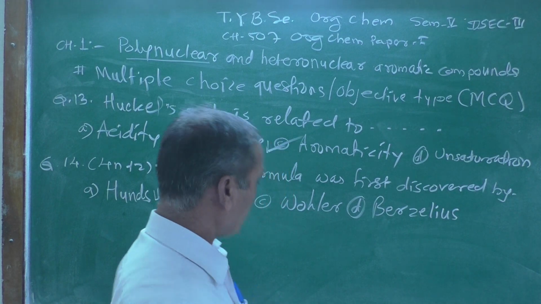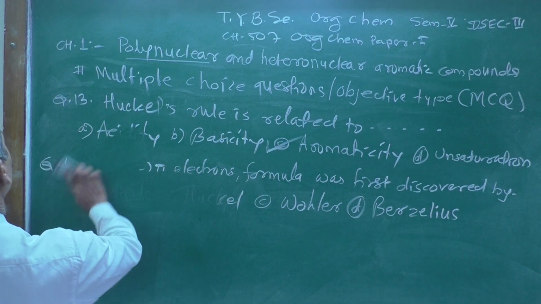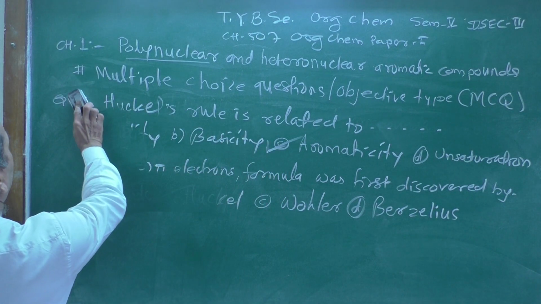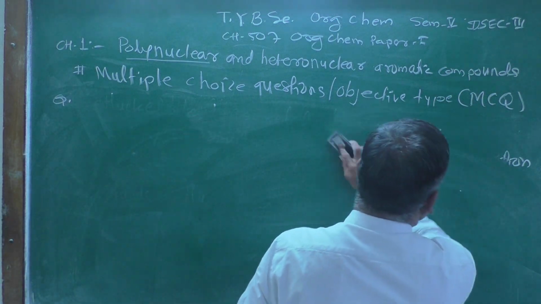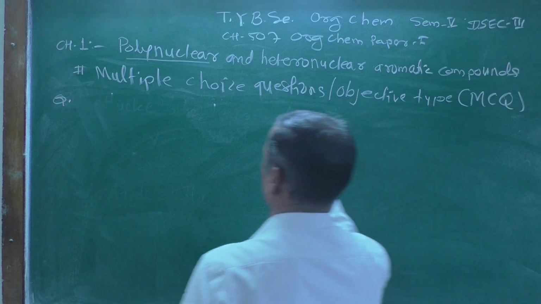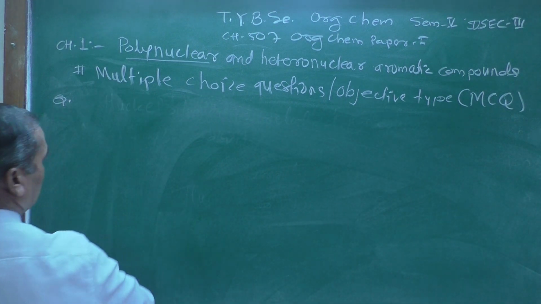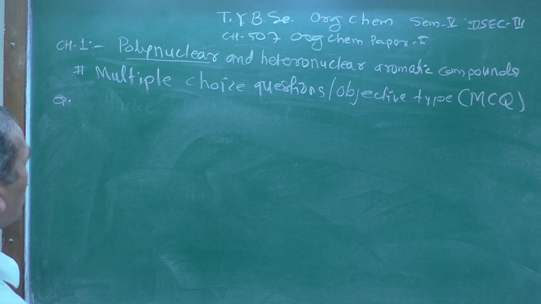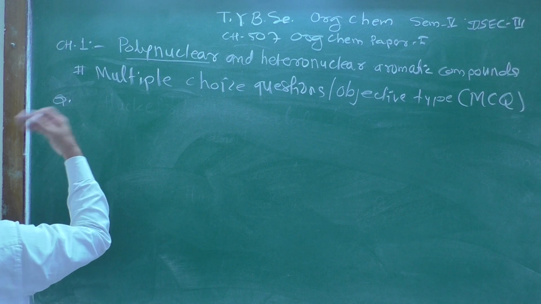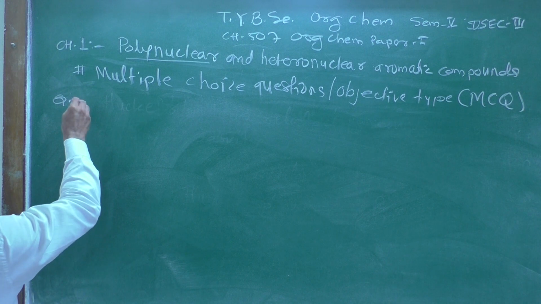The next question is question number 15. I am trying to justify why we choose a particular answer as correct.